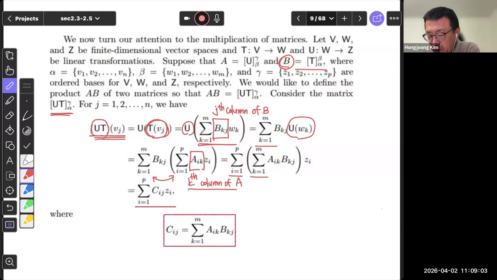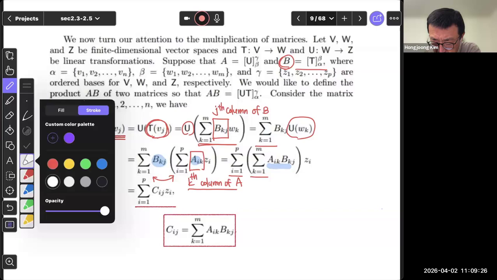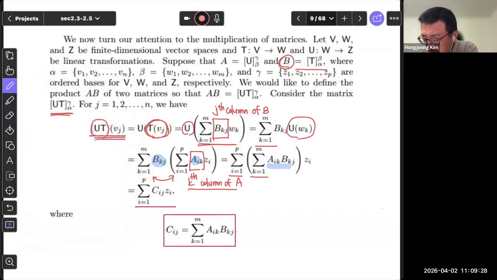And since AIK and BKJ are numbers, please remember, BKJ and AIK are numbers, I can just multiply those numbers, and then you have this ZI vector.